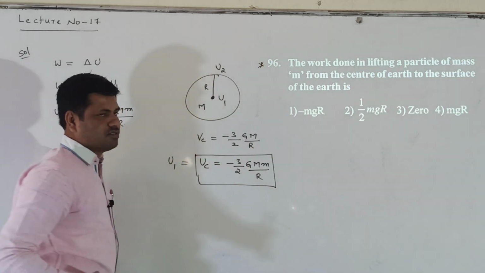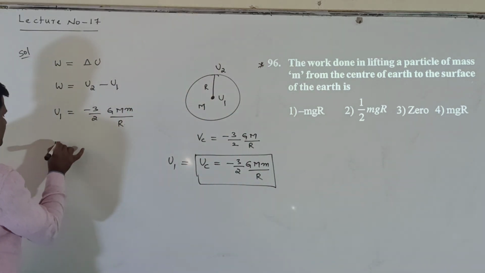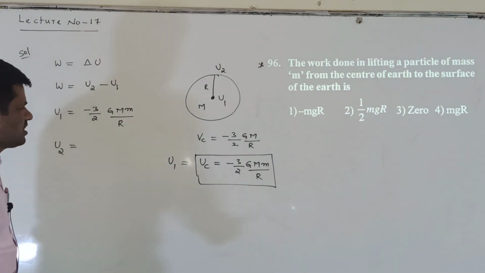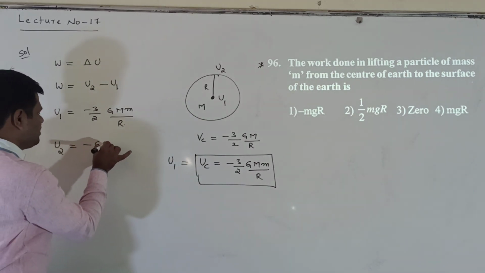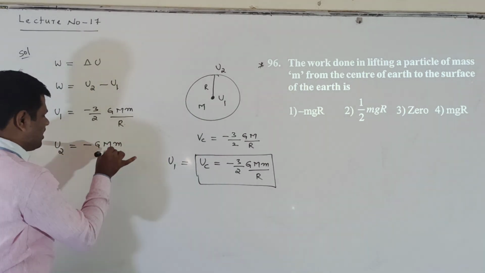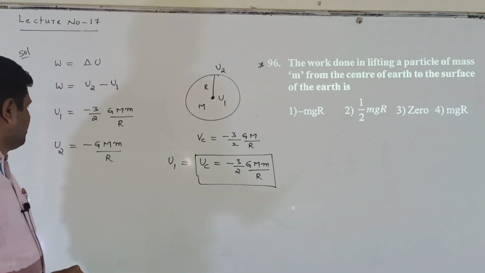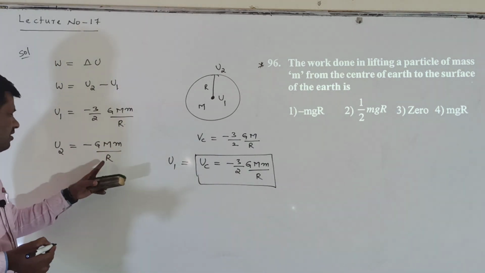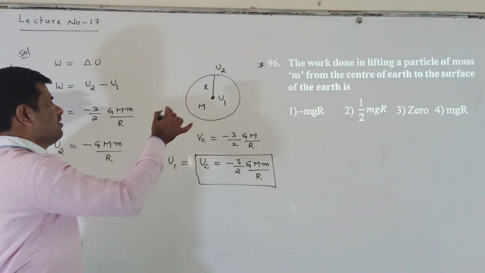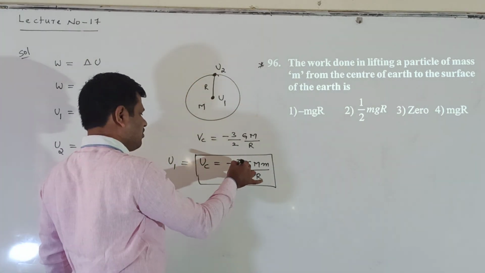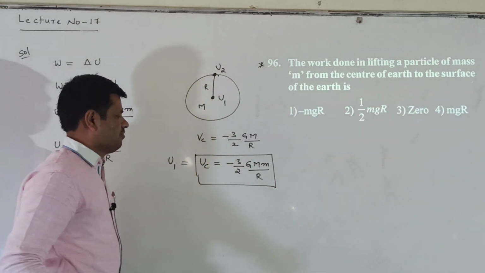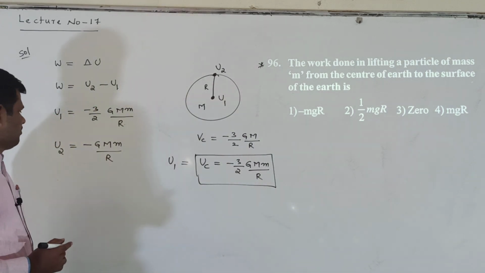On the surface, we already know the potential energy value: minus GMm by R on the surface of the earth. So U2 is equal to minus GMm by R on the surface, and at the center, U1 is equal to minus 3 by 2 GMm by R. You can remember this value.